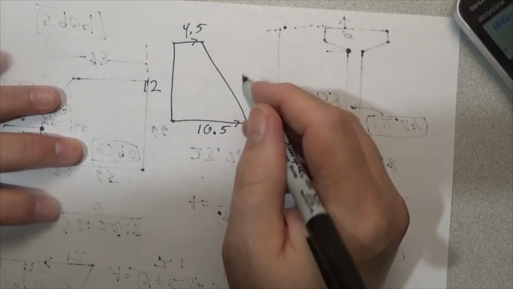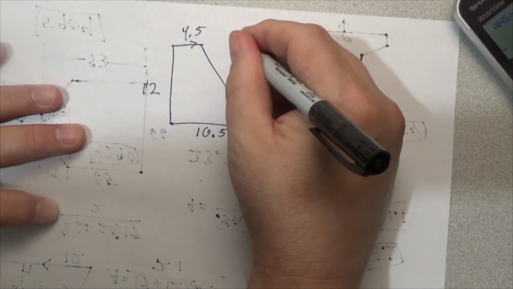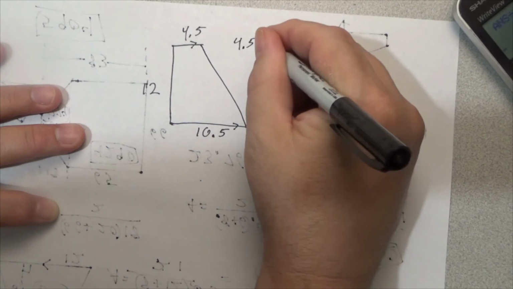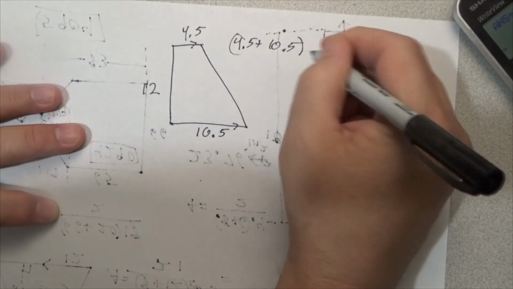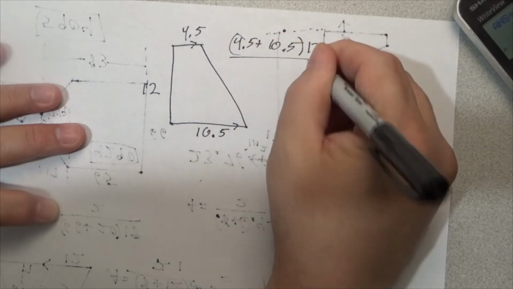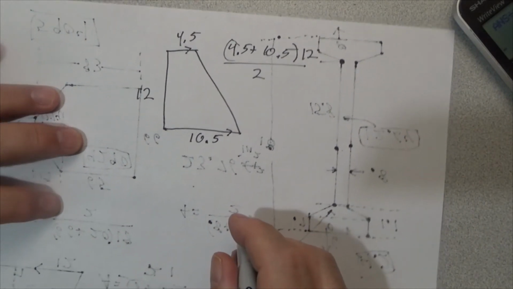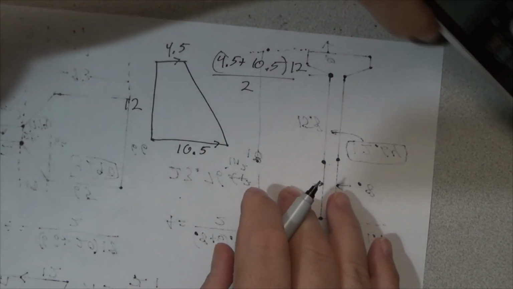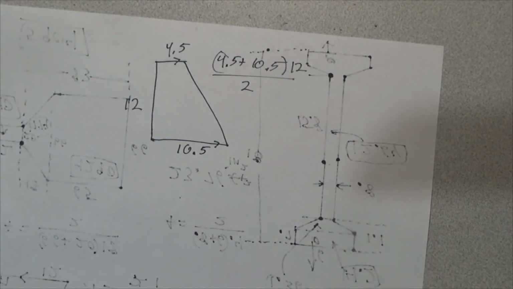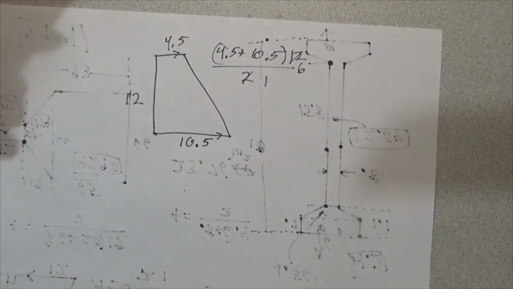Okay, so first thing I need to do is find the area. So the area will be 4.5 plus 10.5 times 12 divided by 2. I don't know if you can see that right, but those are the numbers. Okay, so going into the calculator, cross that out, put a 1, cross that out, put a 6.